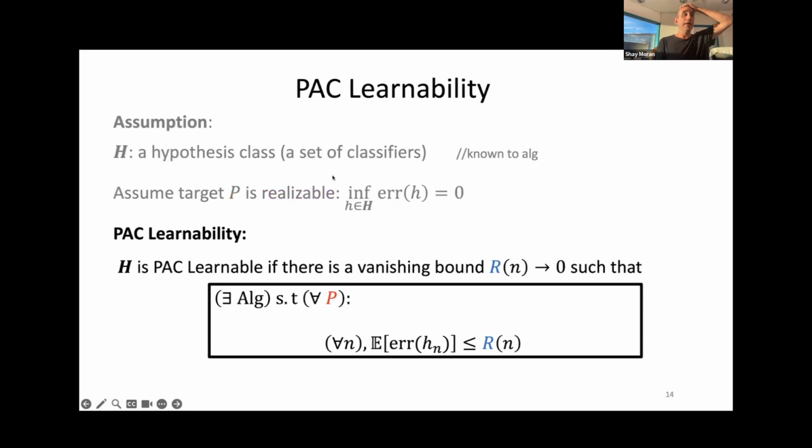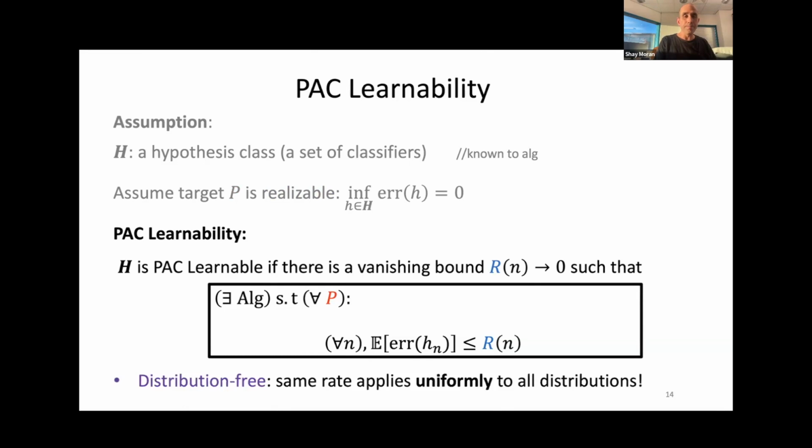And then here is the definition of PAC learnability. We say that H is PAC learnable if there is a vanishing bound, a sequence R of n that goes to 0, such that for every realizable distribution P, the expected error after seeing n examples from P is bounded by this R of n.